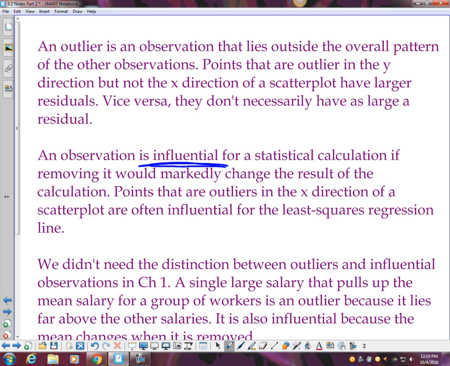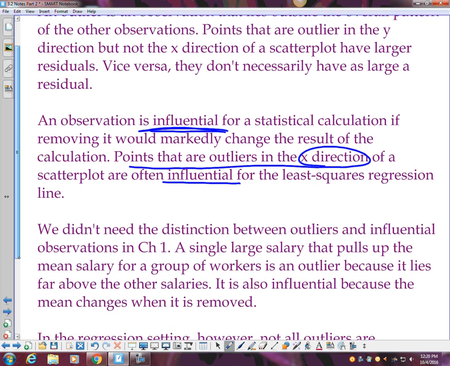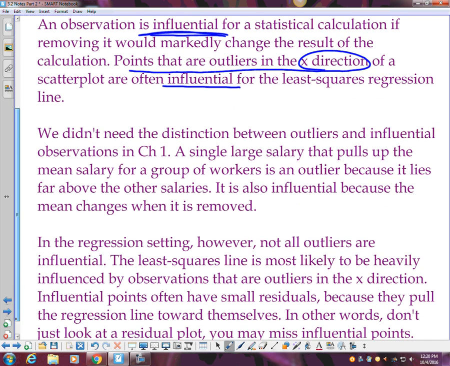Points that are outliers in the X direction are influential. Points that are outliers in the Y direction are not influential, but they'll have a bigger what? A bigger residual. We didn't need the distinction between outliers and influential observations in Chapter 1 because we weren't talking about two different pieces of data.